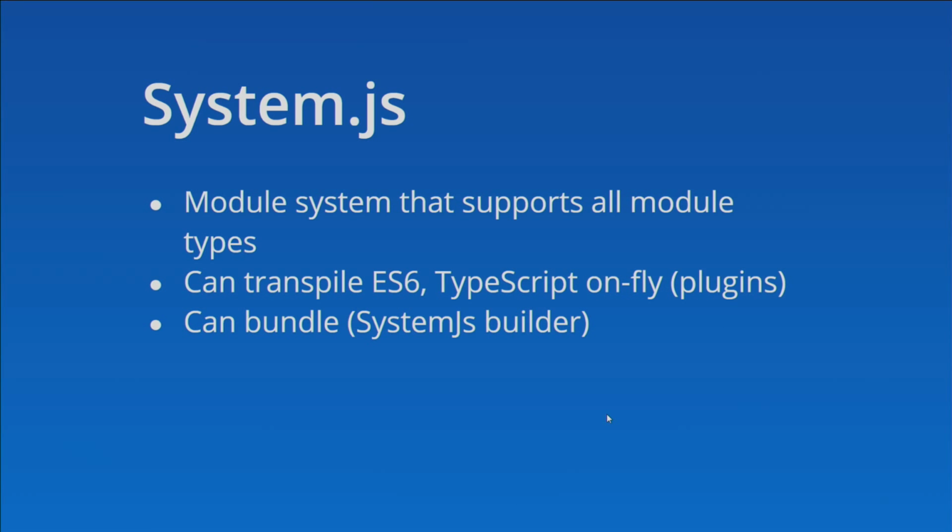But anyways, it supports all the common module systems, including itself, and can transpile even on the fly in the browser ECMAScript 6 and TypeScript, if you configure the plugins. But being modular for a module loader is okay, I guess.